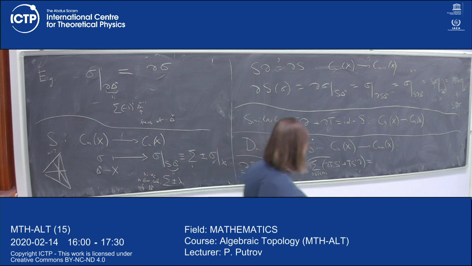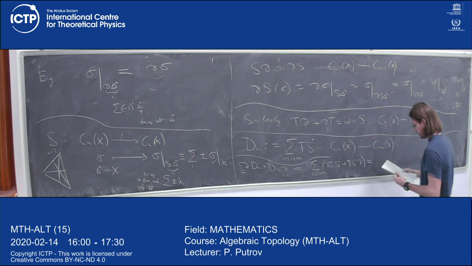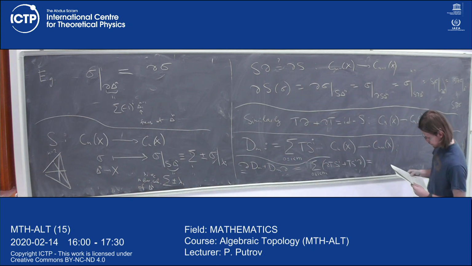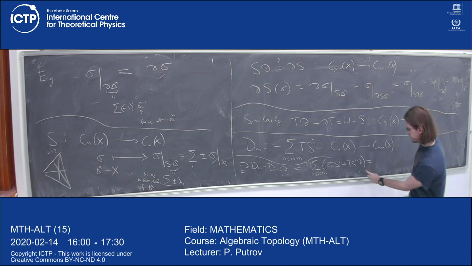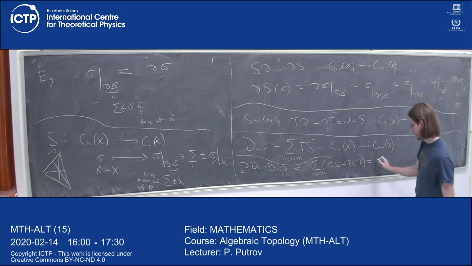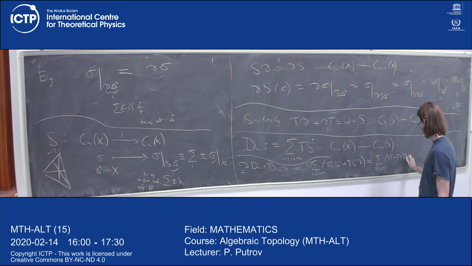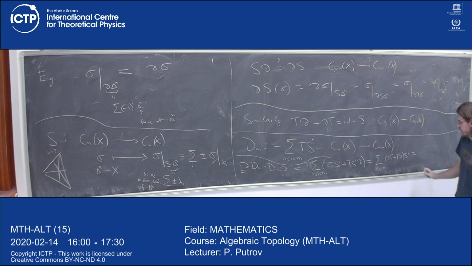and now I can use the fact that d commutes with S, so I can commute it all the way here. I get the following. Right. And then I can use the formula for this.